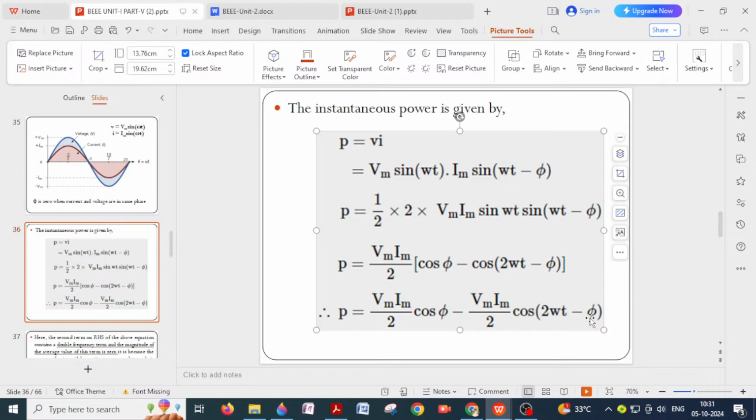We can call this the average power of an AC circuit.